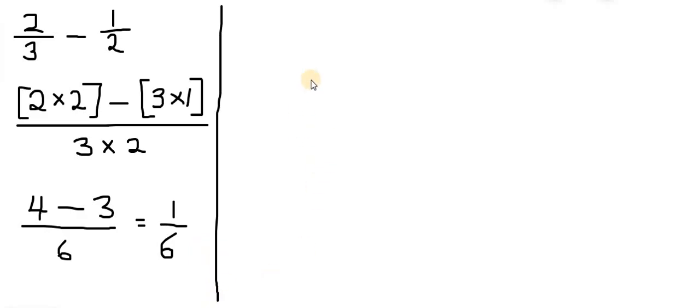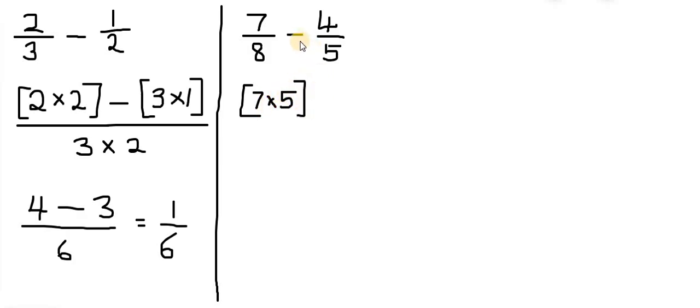Another example, we have 7 over 8 minus 4 over 5. We go across again, 7 times 5. The sign in the middle is a minus. We go 8 times 4.